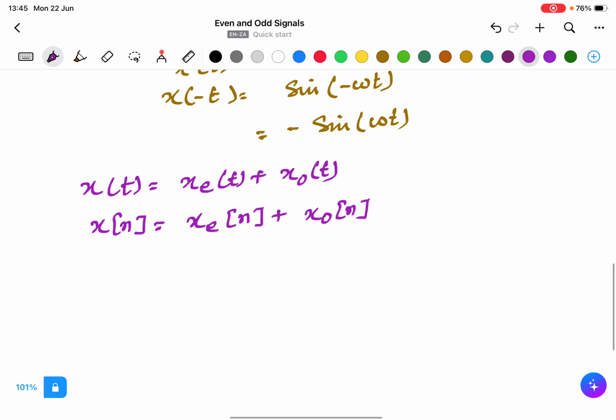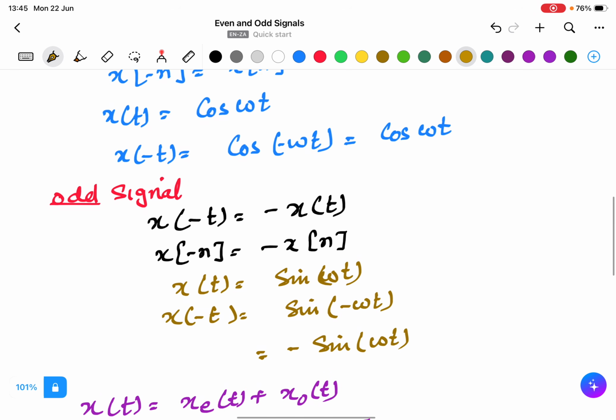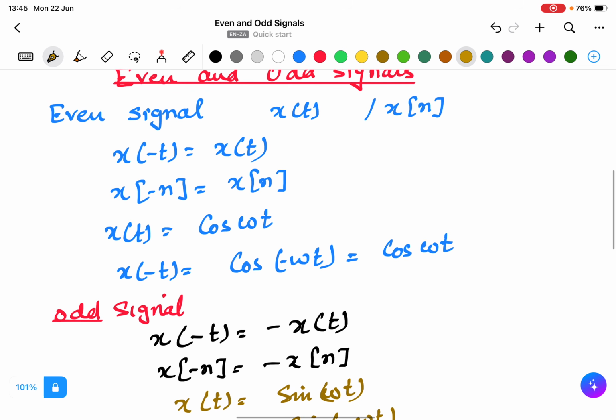If this is true, and if we add or subtract the signals in a way, then we can get the values of the even part and odd part. We know that if the signal is even, then x of t is equal to x of minus t.